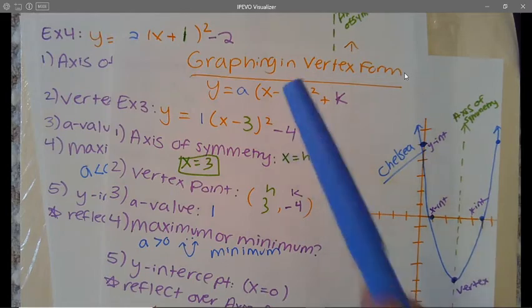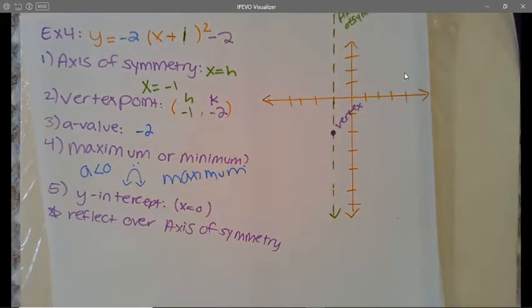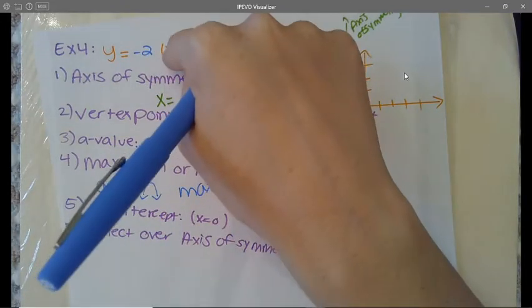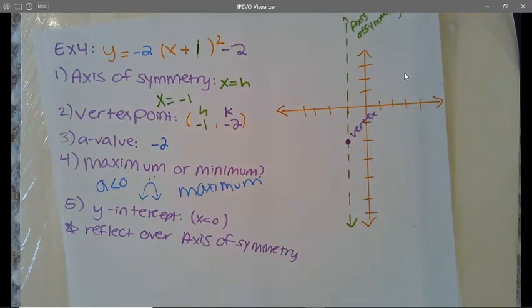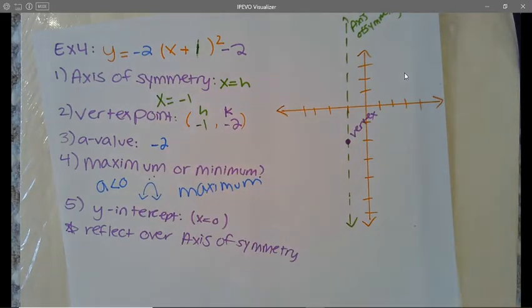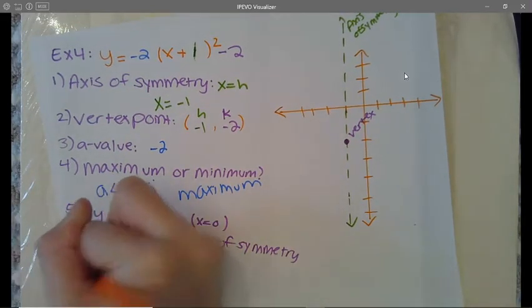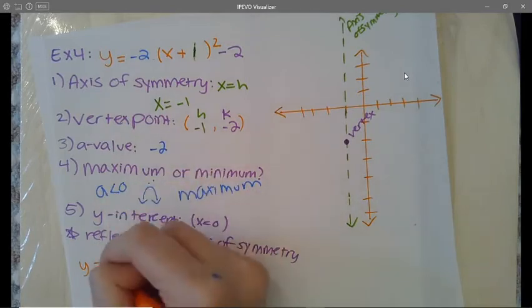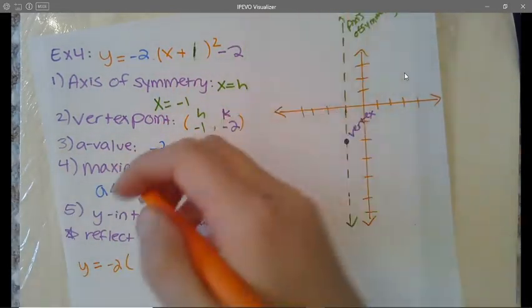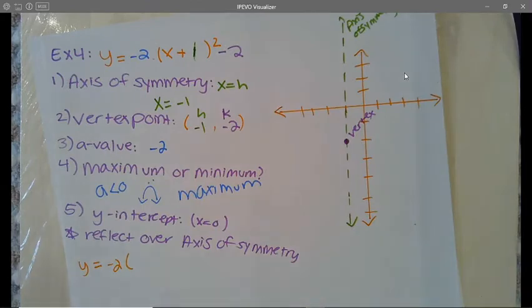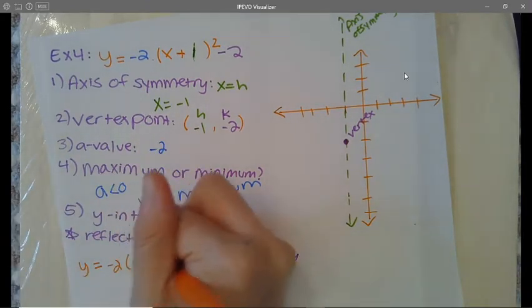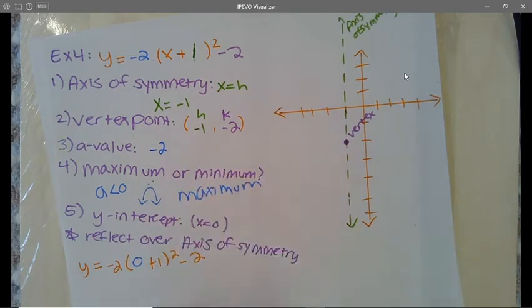So be careful. In order to find the y-intercept, I have to transform all of my x's into a 0. So I'm going to replace my x right here with the 0. So I'm going to have y equals negative 2 times, x which will now transform into a 0, plus 1 squared minus 2.